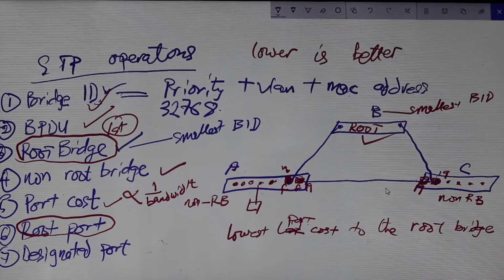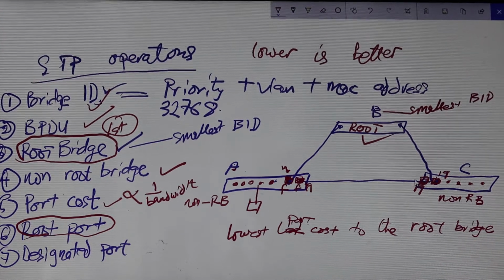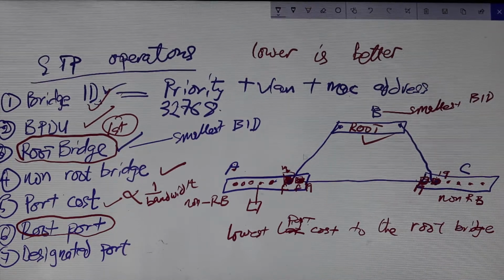Cumulative. It will be expensive. Because each port that the packet enters will incur a cost. So the cumulative port cost, if the packet should go through here, will be more. So which one will win the election? The first one, because that's what has the lowest port cost to the root bridge.